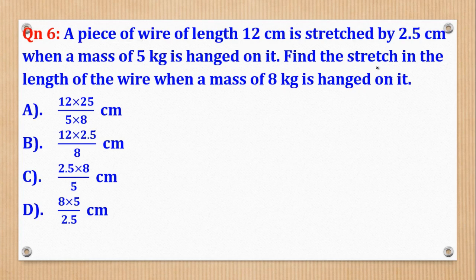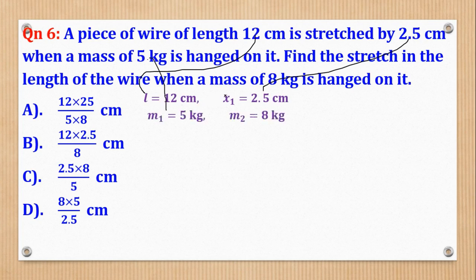This is under extension. This will be the original length, and this is the extension at first when the mass is this. So x1 is that when m1 is this. What about when the mass is this? We don't know the extension.